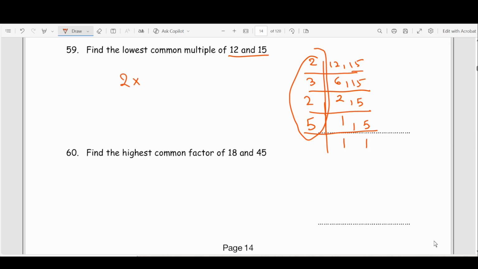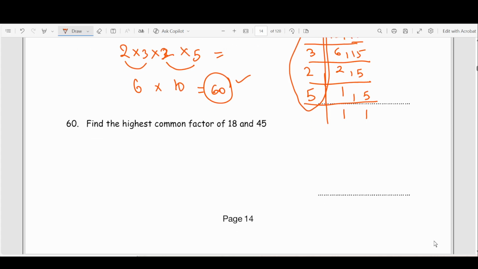So 2 times 3 times 2 times 5. 3 times 2 is 6, and 5 times 2 is 10. 6 times 10 is 60. So the answer is 60. Clear?